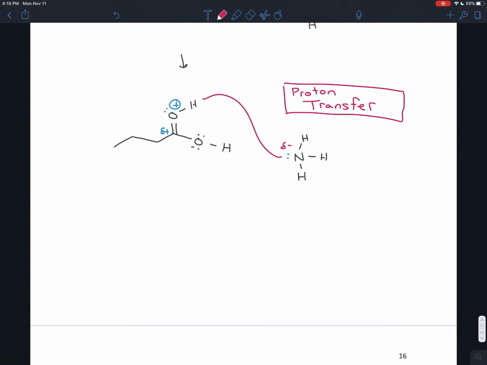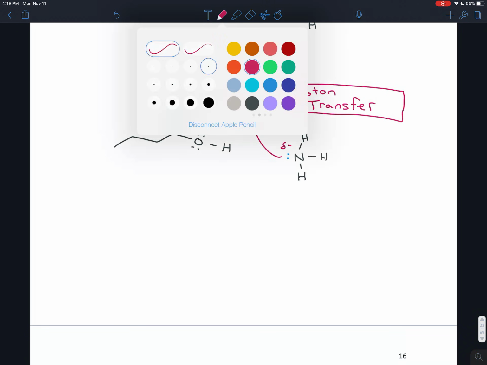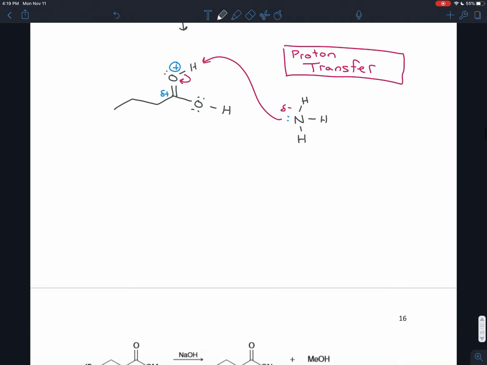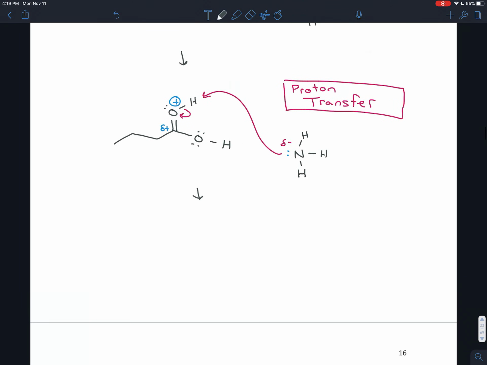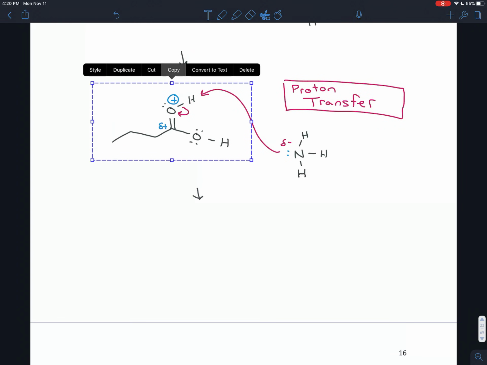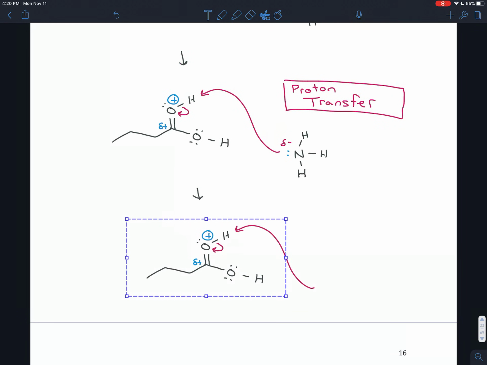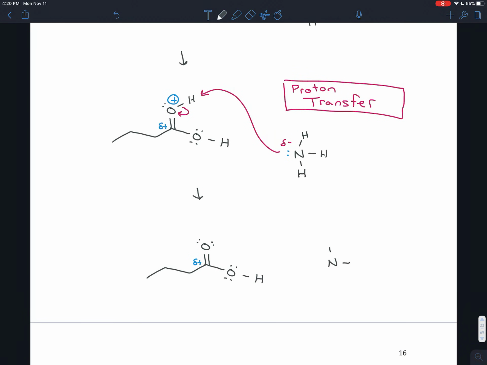The slightly negative nitrogen there can attack this slightly positive hydrogen. The electrons can snap back onto the oxygen in the carbonyl, and we'd end up with that molecule and ammonium, which is NH4+.